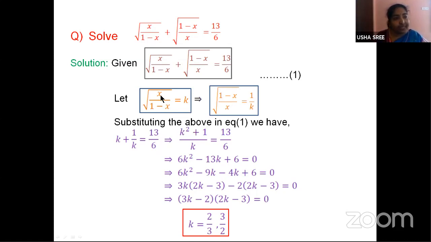This k I am just substituting here in this place. Root of x by 1 minus x is equal to k. Then root of x by 1 minus x is equal to, our first value was 2 by 3, isn't it?